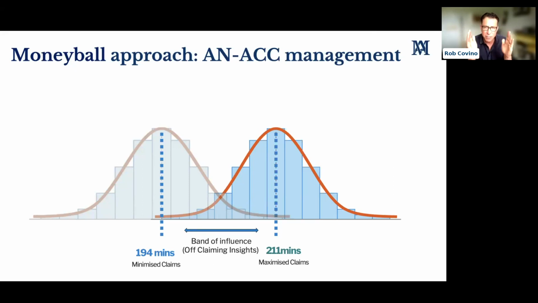And by having those 2 data sets and mapped within the service, we now have what we refer to as our band of influence. And that really is our ability as an organization or provider to achieve the most recoverable funding for the costs that we're putting in those rosters from that instrument of now AN-ACC, because it's hedged.